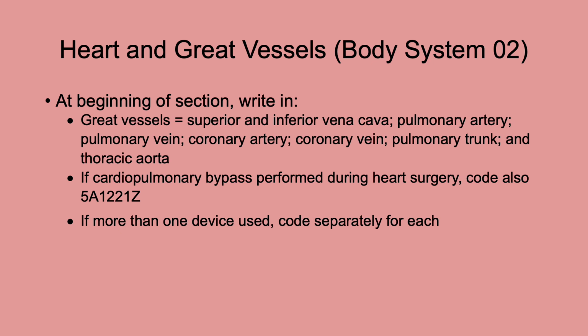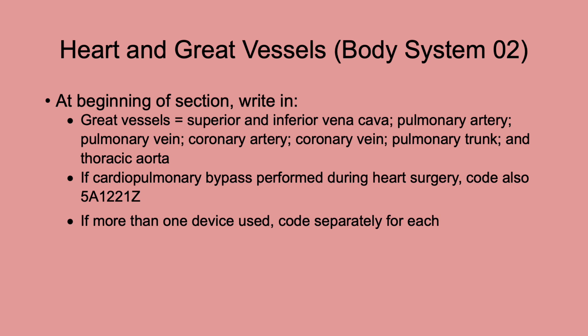So let's move on to heart and great vessels. For heart and great vessels, body system 02, at the beginning of this section, which has the summary of the procedures and digits, write in: great vessels equals superior and inferior vena cava, pulmonary artery, pulmonary vein, coronary artery, coronary vein, pulmonary trunk, and thoracic artery.